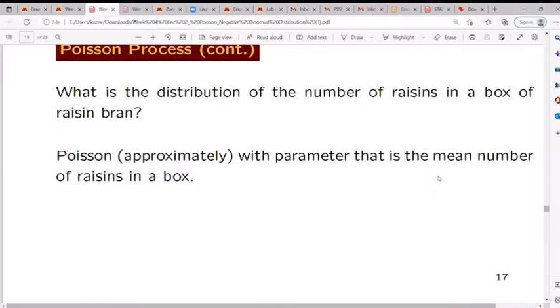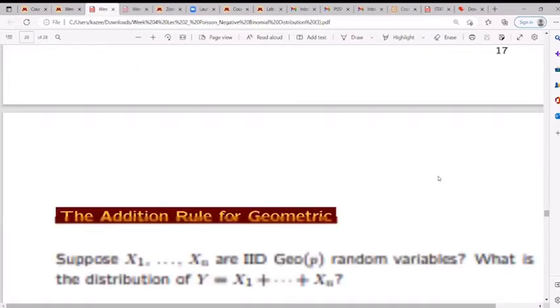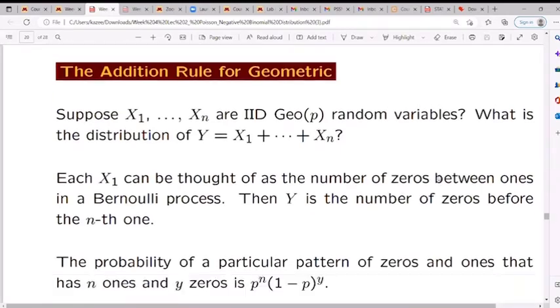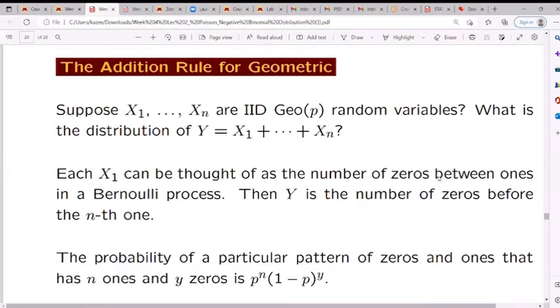Which means if I want to know the average number of raisins, I'm going to use the mean of the Poisson distribution.